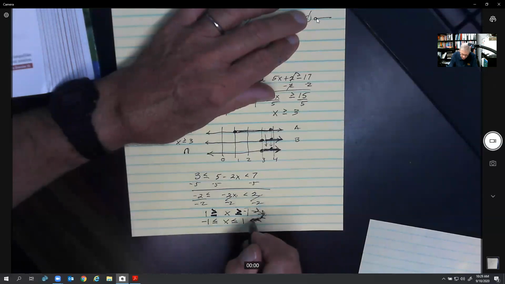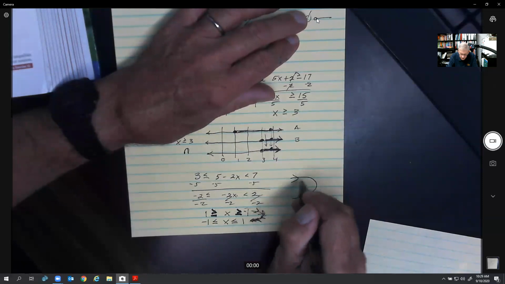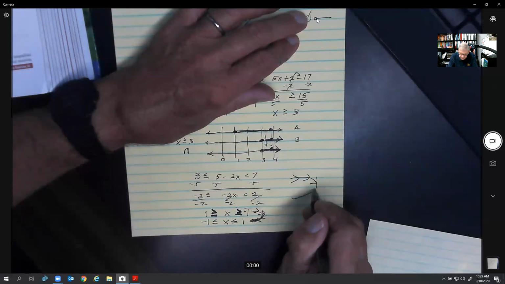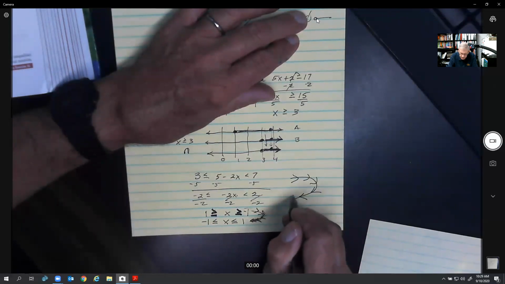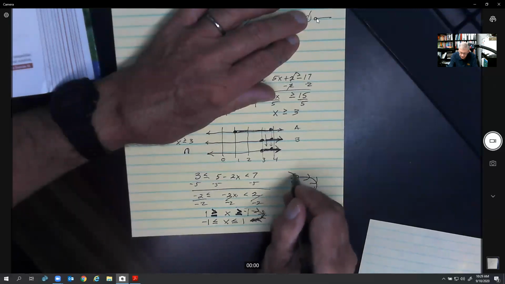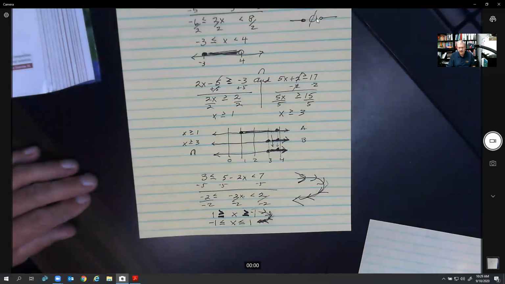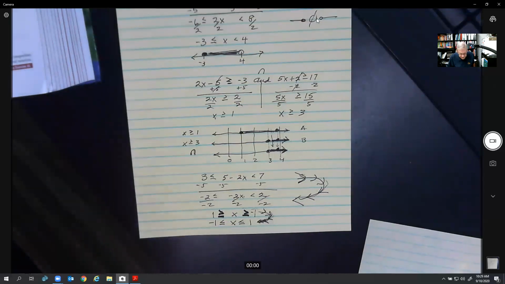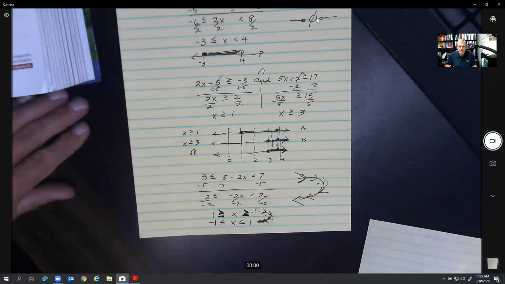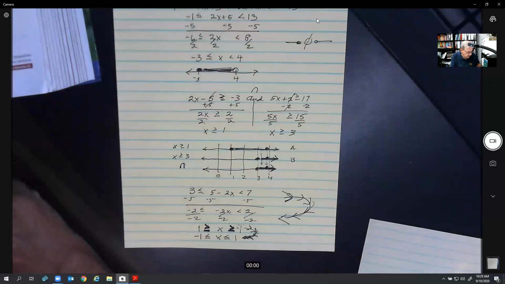And as that symbol comes around, it's turning itself into a less than symbol. Greater is becoming less than. That's the way I imagine it. It's probably not very mathematically sound, but that's how I envision it. It helped me remember it okay.